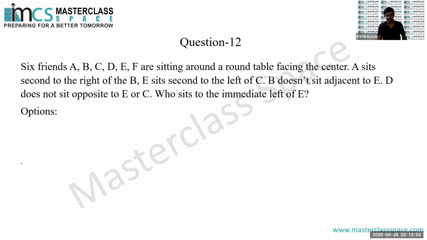Now solve this problem. This is a simple, direct problem. So there you have to make them sit around the round table, and you have to see who sits immediate to the left of E. So try it.